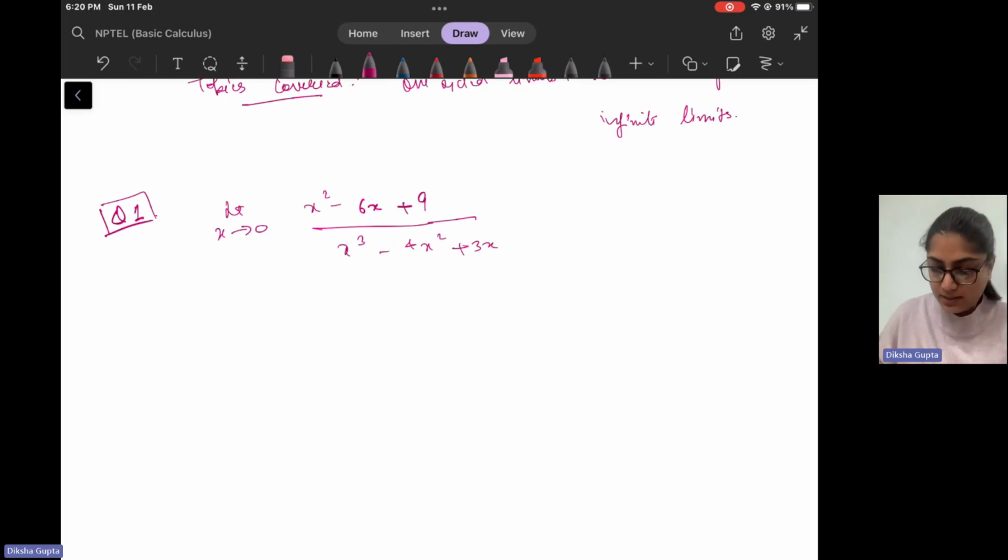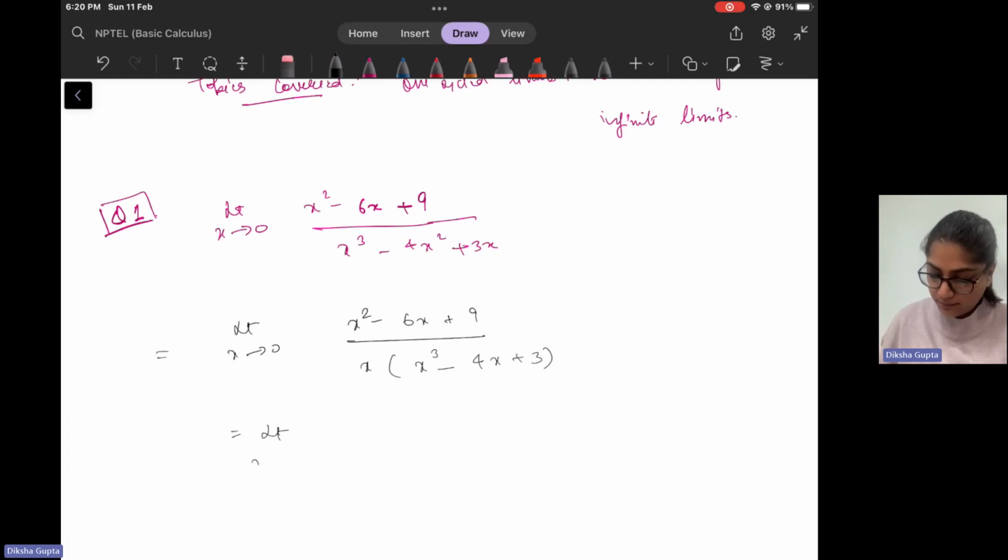Also, you can see this by factorizing. If you factorize, this becomes x square minus 6x plus 9 upon, you take out x common, x cube minus 4x plus 3, which is x square minus 4x plus 3, and the numerator x square minus 6x plus 9 is as it is.